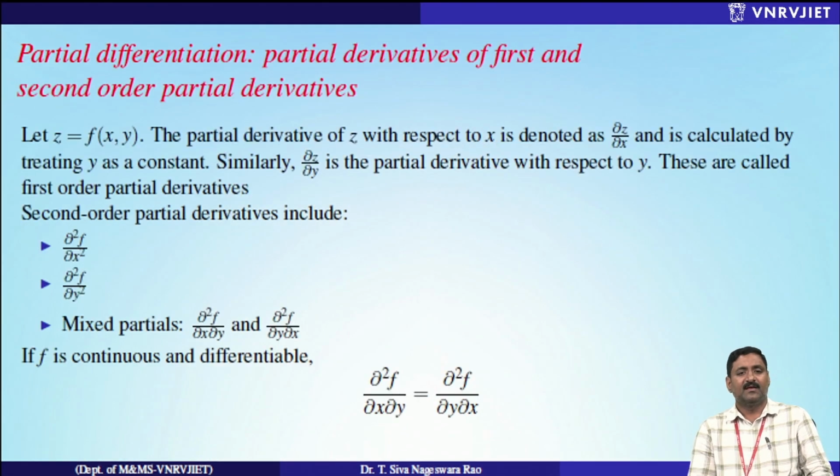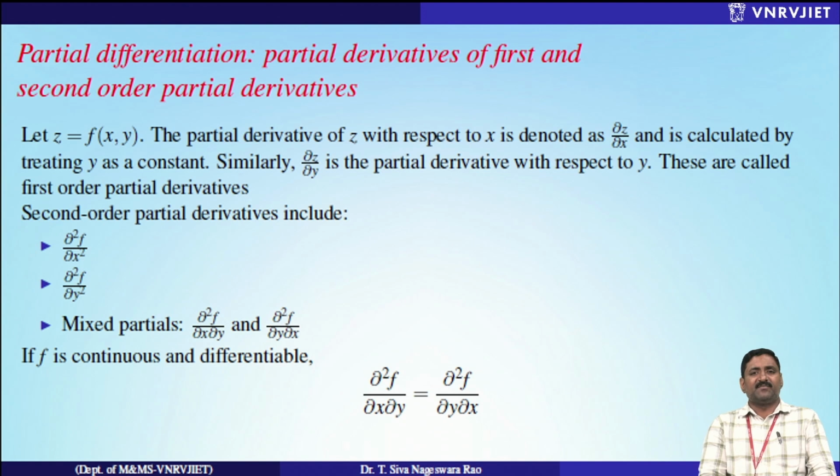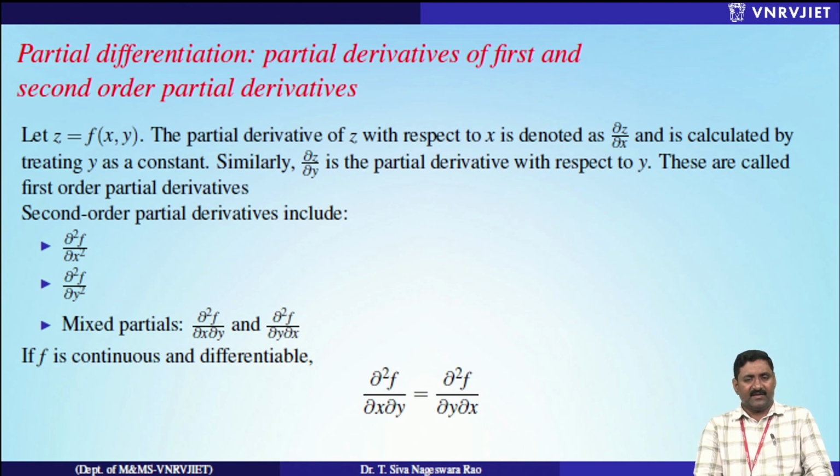Next, now I will discuss partial differentiation. In partial differentiation, I will discuss first order partial derivatives and second order partial derivatives. Now I am going to define partial differentiation.